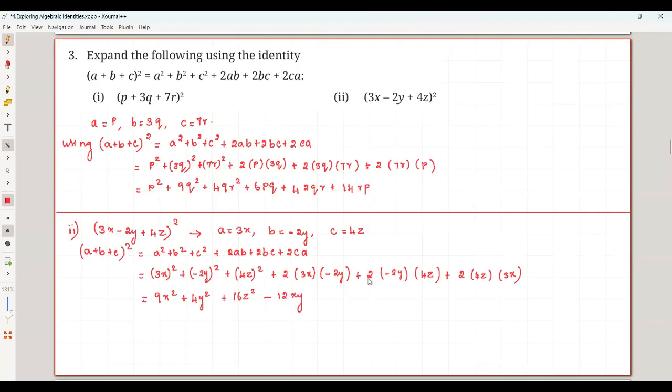Here also minus is coming. 2 2s are 4, 4 4s are 16. So minus 16yz. Okay, here everything is plus. 2 4s are 8, 8 3s are 24. So 24zx. Okay. Now the final answer is 9x square plus 4y square plus 16z square minus 12xy minus 16yz plus 24zx.